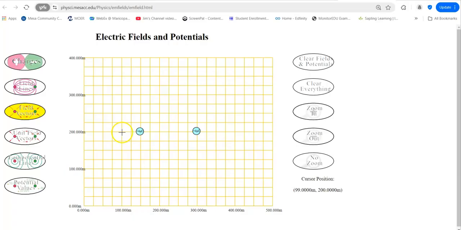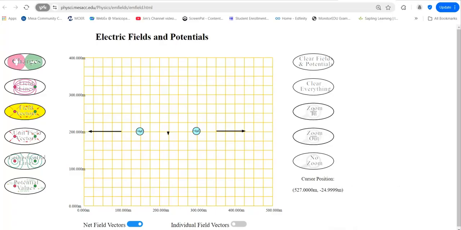If you look at the electric field vectors at this point, notice it's pointing away from that one, pointing away from that one, but in the center, it's hard for me to click right there, but that vector is basically 0. I must have clicked a little bit off the center. So you could check with this simulation.